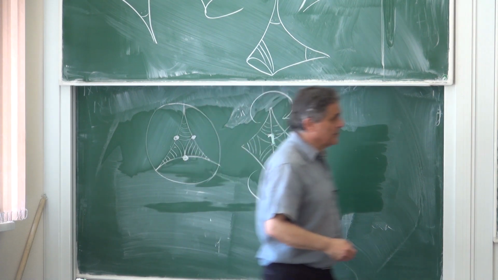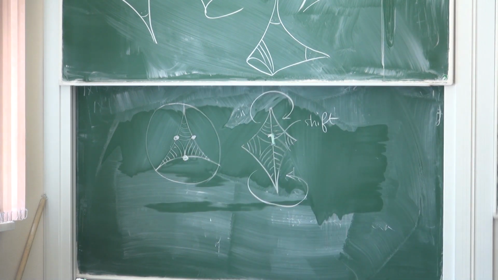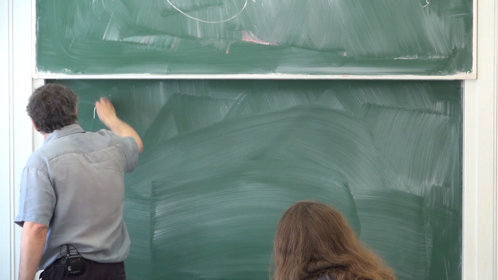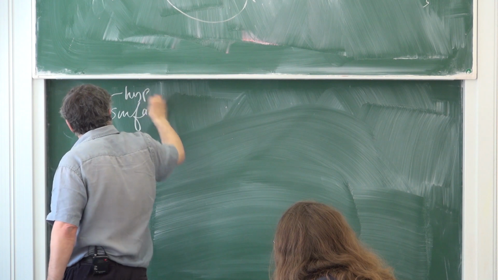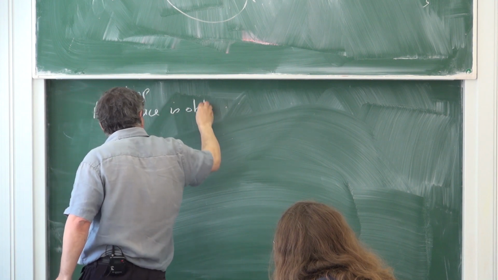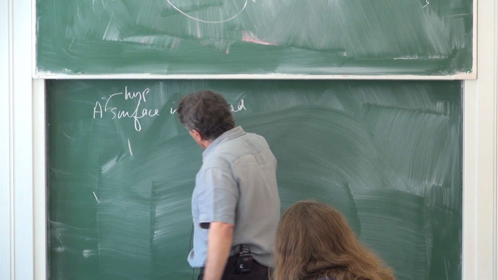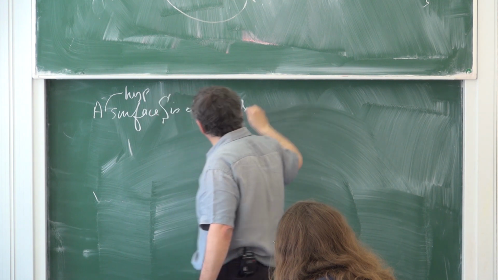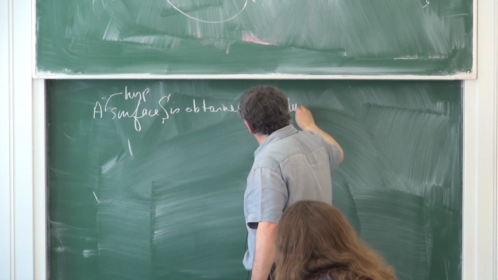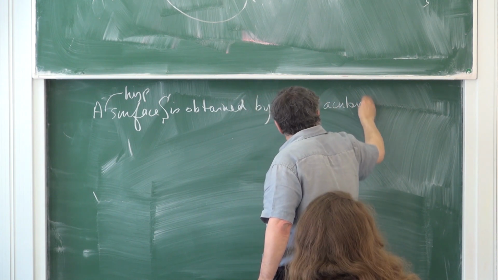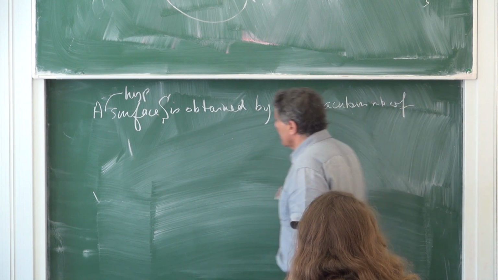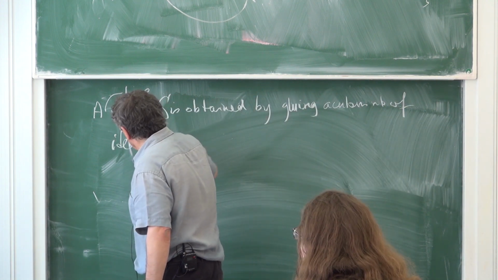Let me write here the general result. So a hyperbolic surface, let's call it S, is obtained by gluing a certain number of ideal triangles.